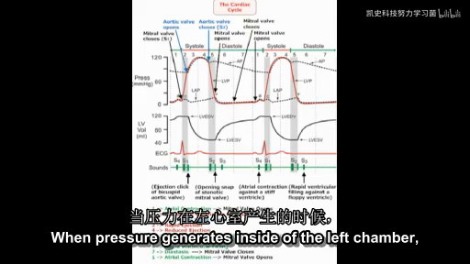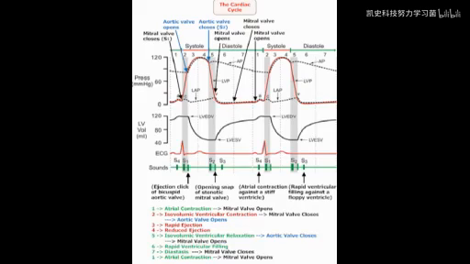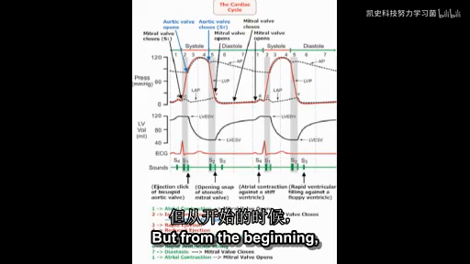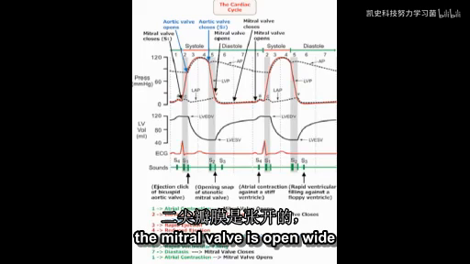When pressure generates inside of the left chamber, we're supposed to have a closed mitral valve. But from the beginning, the left chamber is just relaxed and the mitral valve is open. Why?